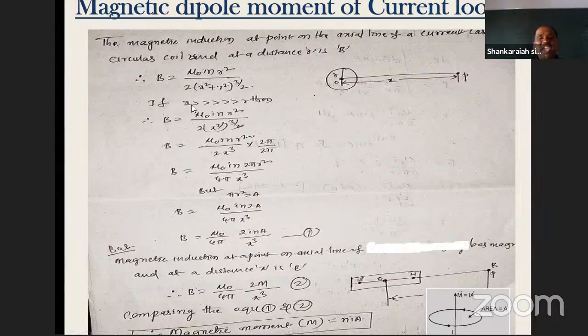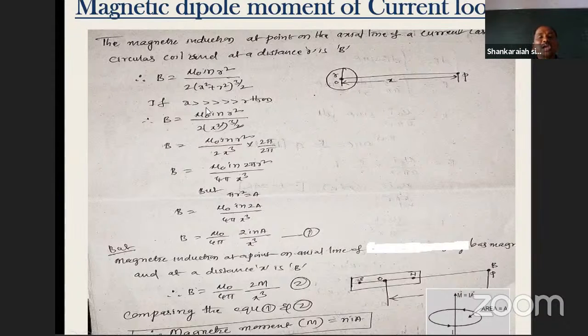If x is greater than r, meaning compared to the radius of the coil the distance is large, then r is removed from the expression: mu naught I n r square divided by 2 x square whole power 3 by 2. Which one is removed? Sorry, the r value is removed.